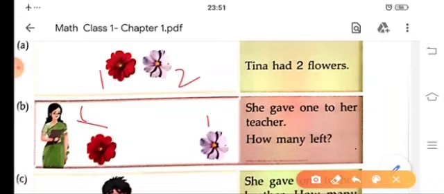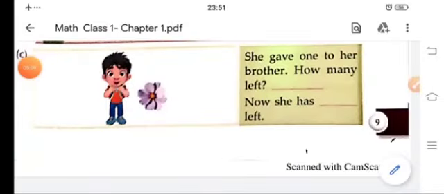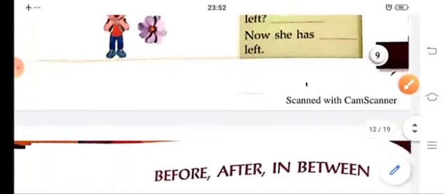In the next picture, she had given the flower to her teacher. She also loves her brother. So she gave one flower to her brother. So how many flowers are left? Nothing. That means 0. So children, in this way you can say that 0 means nothing.